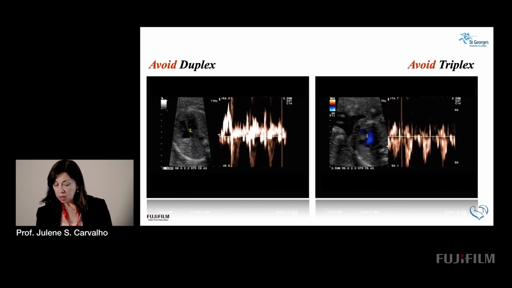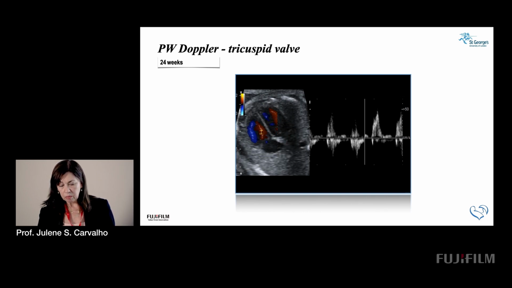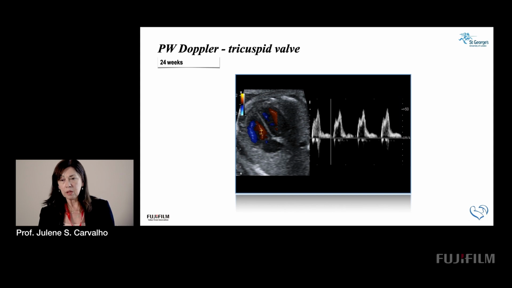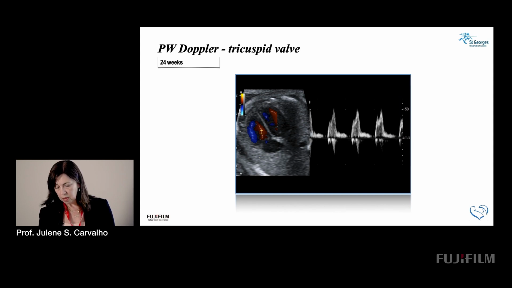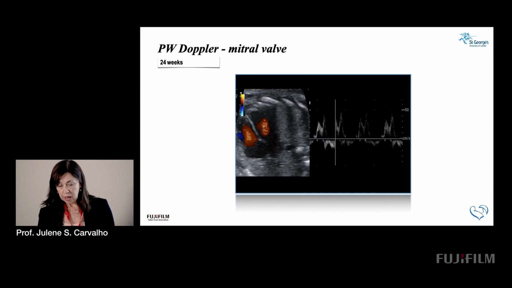There is a button which is usually called update, but sometimes it's confused, it's not very clear. So if you use, again, more or less correct angle, you can see the signals much more clean and much more informative. So that was the mitral valve, tricuspid valve.